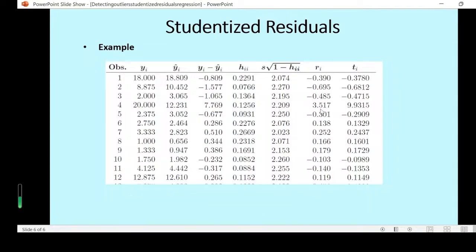If it is not an outlier, it will be around 0. All other values are very close to 0. But these two values are larger than 3, and the t-value is particularly large, almost 10. So in this sample, we have to check in particular this observation as an outlier.